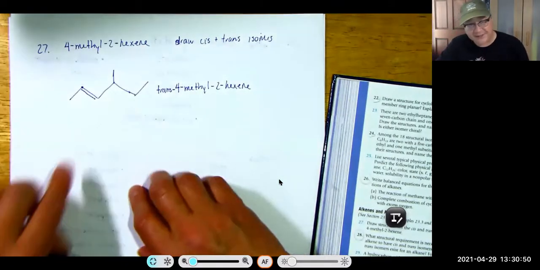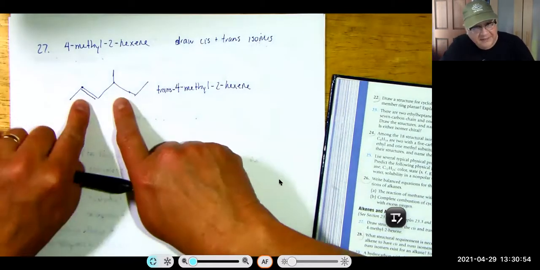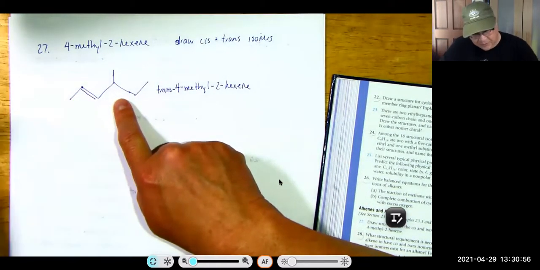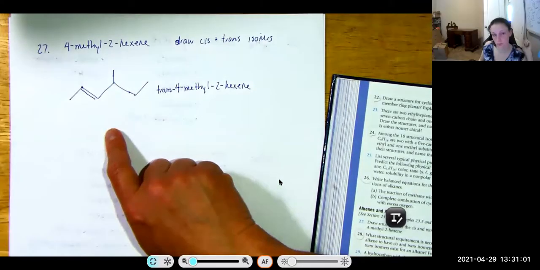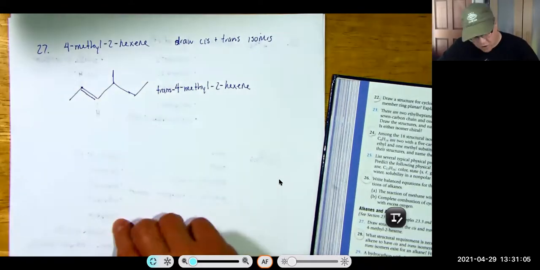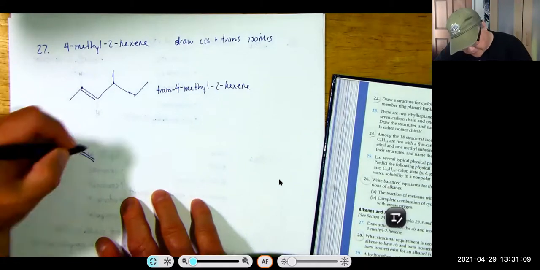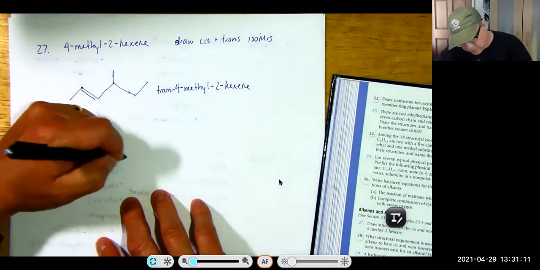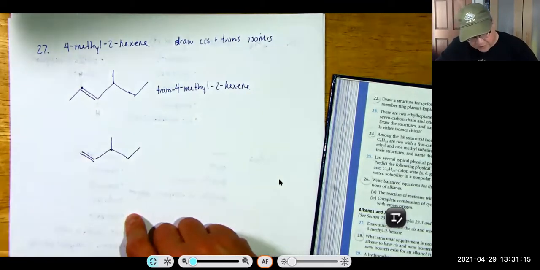So to draw a cis, I'm going to show you two ways to do it. I'm going to bounce off of this. You remember how I put a hydrogen right here, like that? I'm going to put these back in for just a moment. They're almost like watermarks. But I'm going to draw this molecule because we know it's supposed to be the same except for about here. Now, where do I want those two hydrogens?